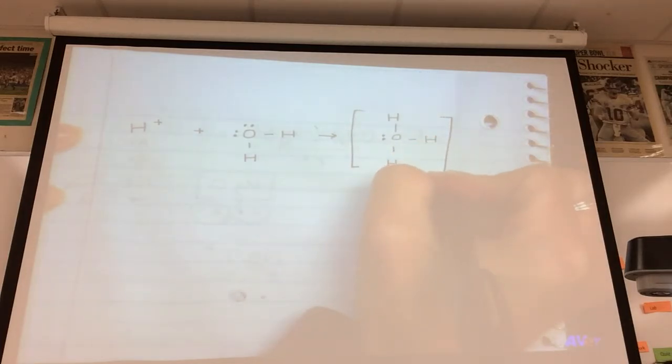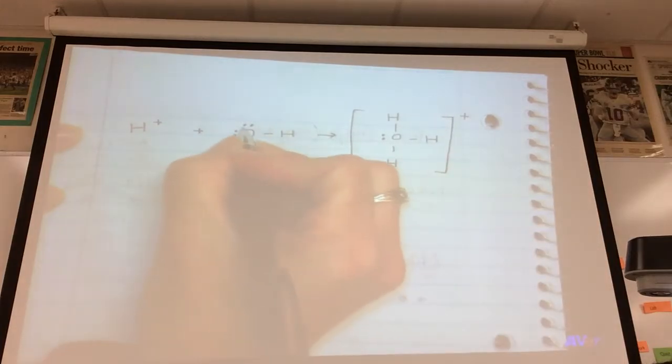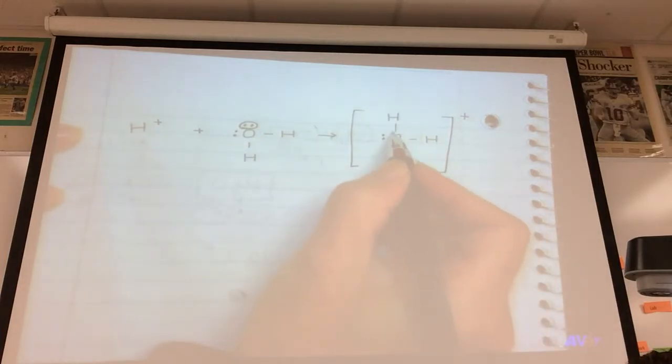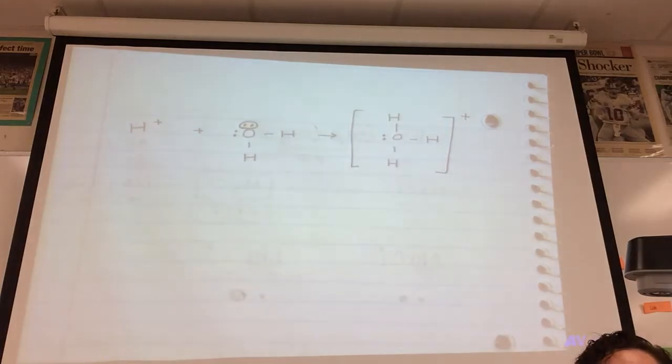Polyatomic ions are in brackets with the charge outside, and essentially this lone pair or non-bonding pair now becomes a bonding pair. So they didn't each contribute 1, it just came from the oxygen, and that's a coordinate covalent bond.